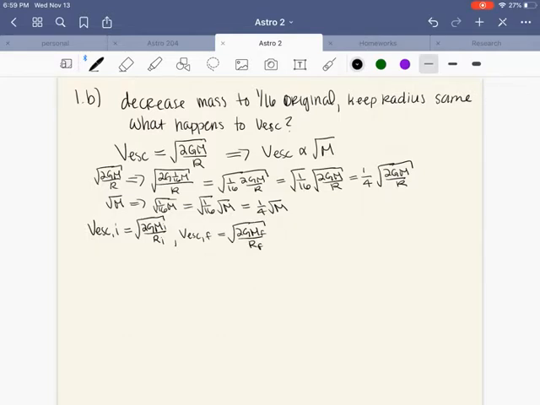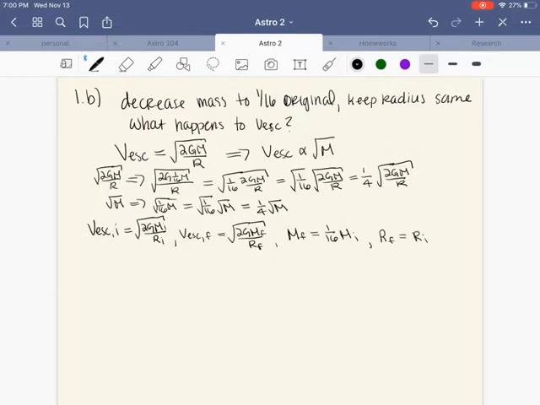And now I'm going to look up here for my relations. I know that my final mass is going to be 1/16 of my initial mass, and my final radius is going to be the same as my initial radius.